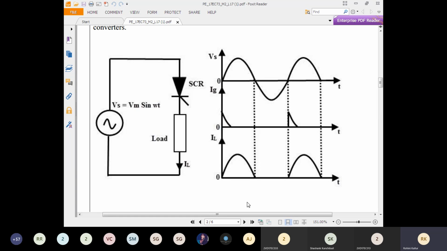The anode gets a positive supply, the cathode gets a negative supply. When I supply anode and cathode with positive and negative polarity, what happens to the junction diagram inside the SCR?